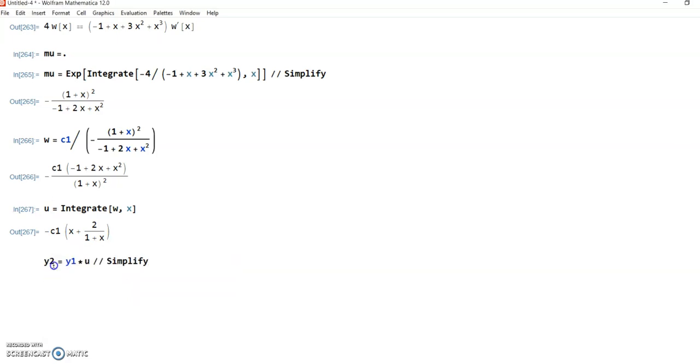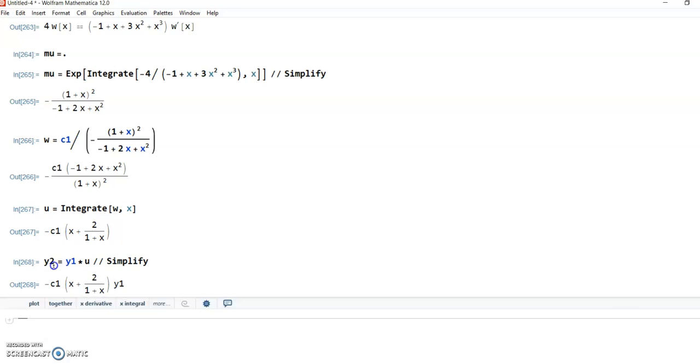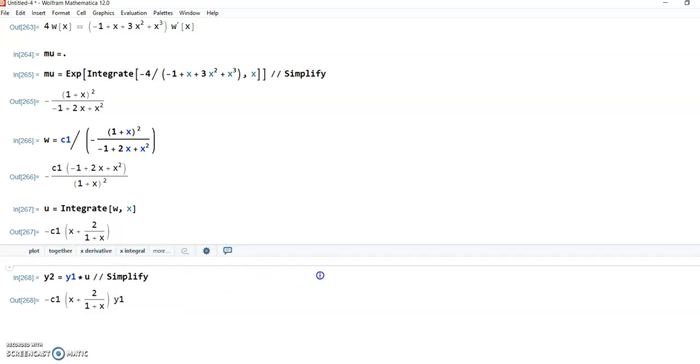Then simplify, and then I will get this value. Here I am also getting some mistake. So y2 is equal to y1 times u.